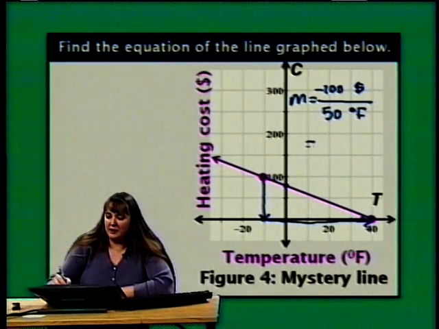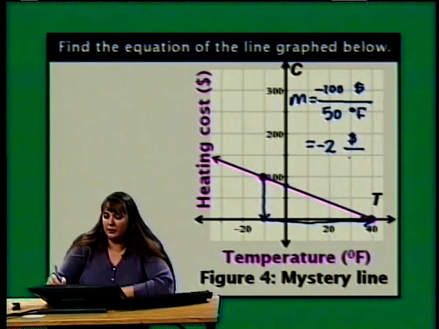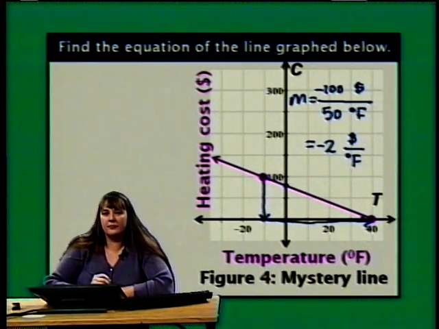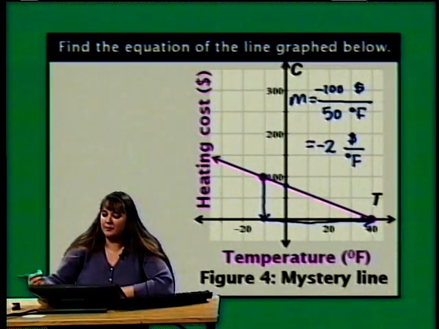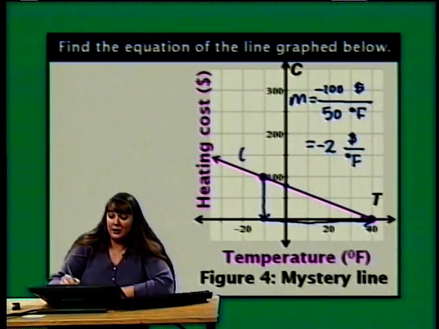Negative 100 divided by 50 is negative 2, so I have negative $2 per degree Fahrenheit. Now I should be able to use either point on the line in point-slope form. Let's use the point negative 10, 100.